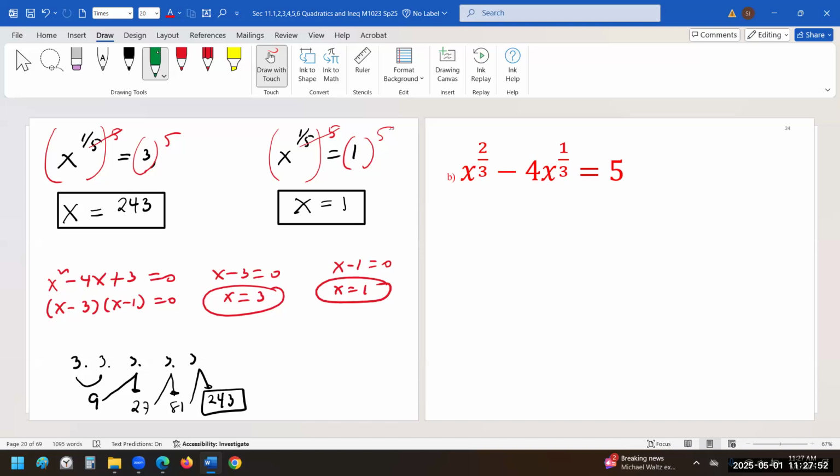What do you want to see? 0. Do you have 0 on one side? So what is our first step? Subtract the 5. So we have x to the 2/3 minus 4x to the 1/3 minus 5 equals 0.